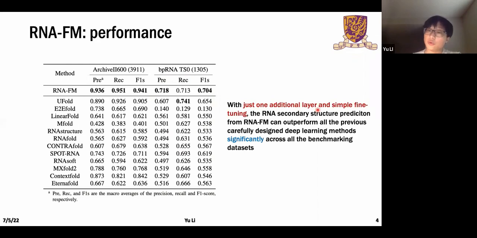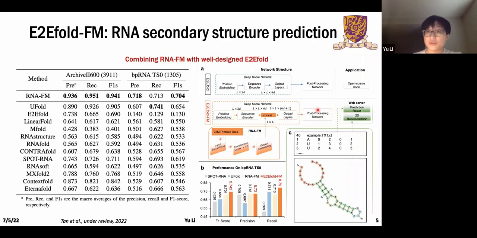And what if we combine the RNA Foundation Model with some sophisticated, well-designed model? In fact, the performance is even more impressive. We combine RNA-FM with our previous method, E2Efold. Although E2Efold can perform okay on ArchiveII, it doesn't generalize very well on RBP-RNA.